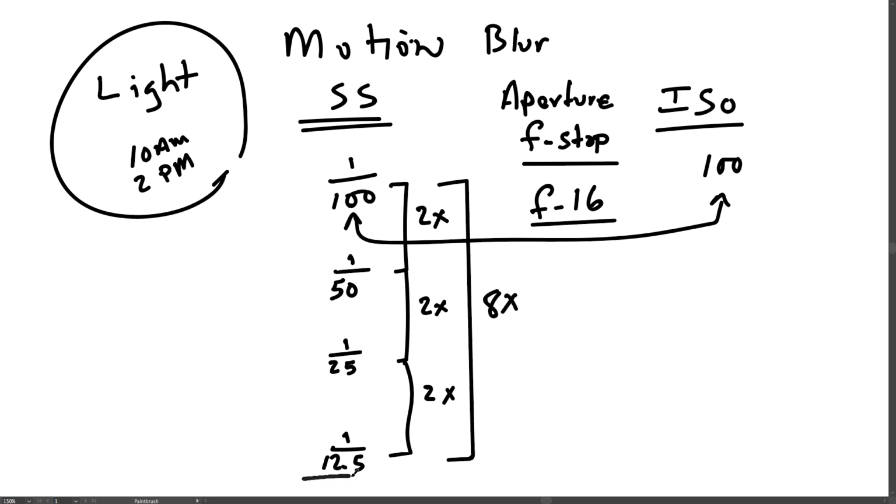So we're going to be able to capture motion blur because this is a relatively slow shutter speed, but we have to compensate now for this increase in the amount of light. We can't change the ISO because we are at the least sensitive setting, which is an ISO of 100, which is the best image quality. So we can't play with the ISO to compensate for the 8 times the amount of light. We could change the f-stop.